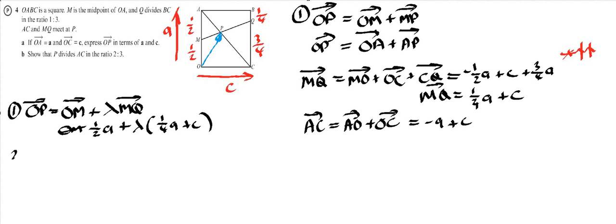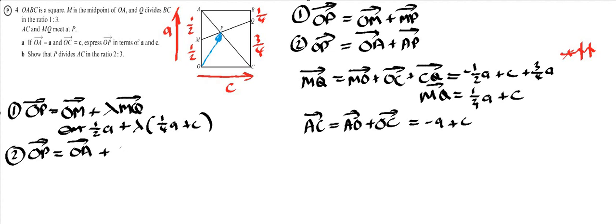Now our second equation: O to P, as we said before, was O to A, and then P lies on AC.